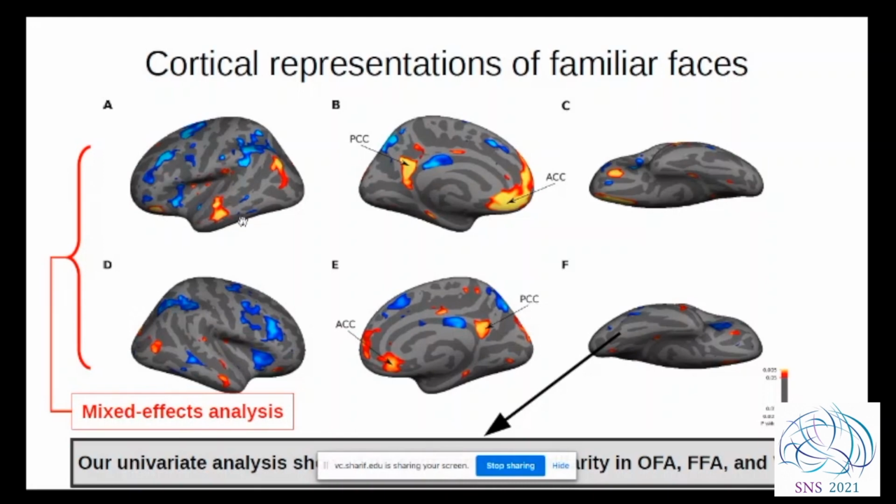This comparison showed regions in posterior cingulate cortex, anterior cingulate cortex, temporoparietal junction, and anterior lateral temporal cortex. So these four regions were activated by familiar faces, which is consistent with what people have shown in previous studies. So this is not a novel result. It was basically a replication of previous findings.